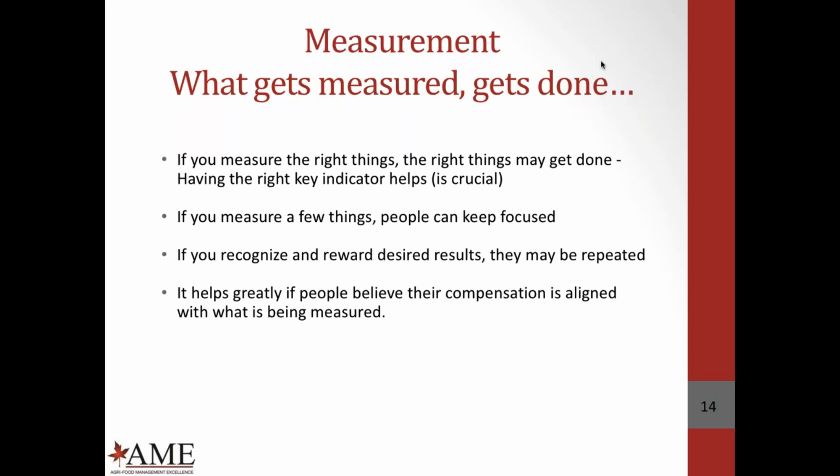That's where if you recognize and reward desired results, they may be repeated. In fact, that's true even with family. The more everybody's aware of the measurements, the more it is incentive to make things happen. It comes back even to compensation: is compensation aligned with what's being measured? These are some of the things to take into consideration about why we're doing this and why they're important.